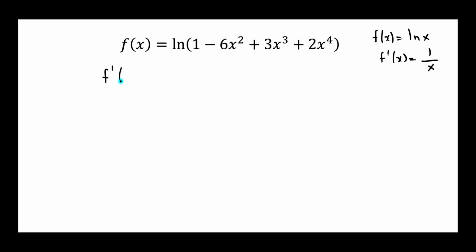So f dash x. What we need to do is differentiate the outer part, which is ln, and that would give me 1 over 1 minus 6x squared plus 3x cubed plus 2x to the 4. So that's what it would give me. Now I differentiate the inner part.